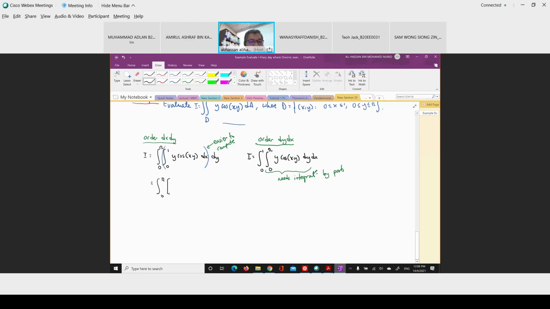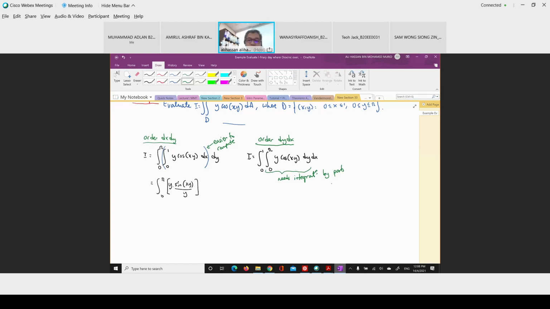Think of y as a constant. Is it not sine xy over y, isn't it? We integrate cosine xy with respect to x, the result is sine xy over y, right?